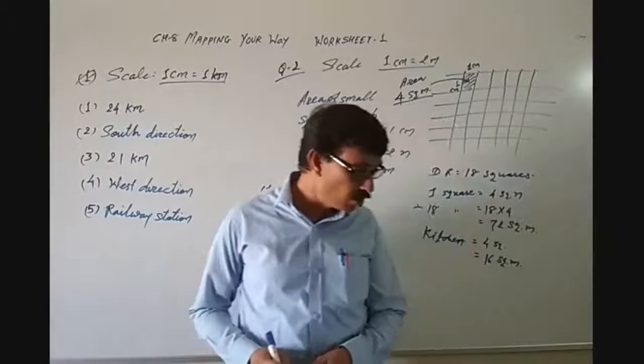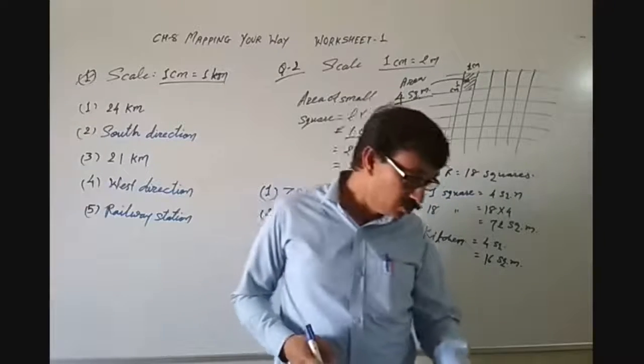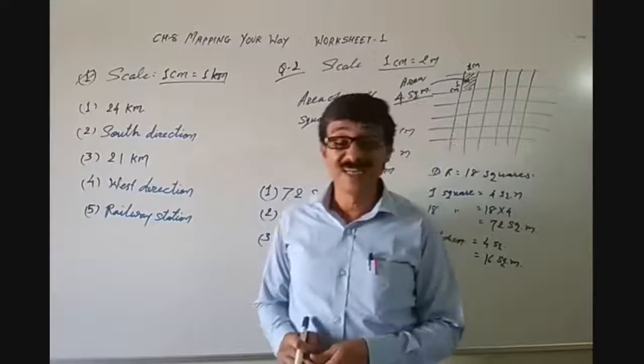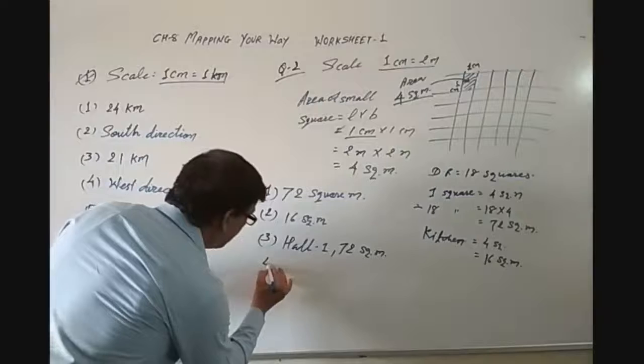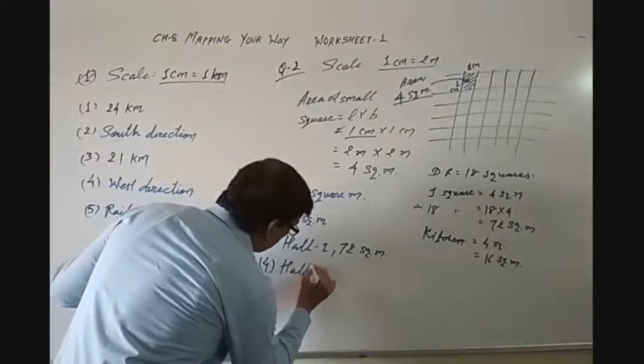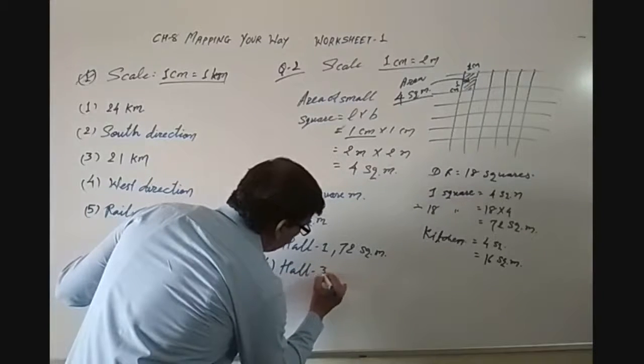Now the fourth one: which hole has the smallest area, and how much? Looking at this, we can see hole 3 has the smallest area. So the answer is hole 3.